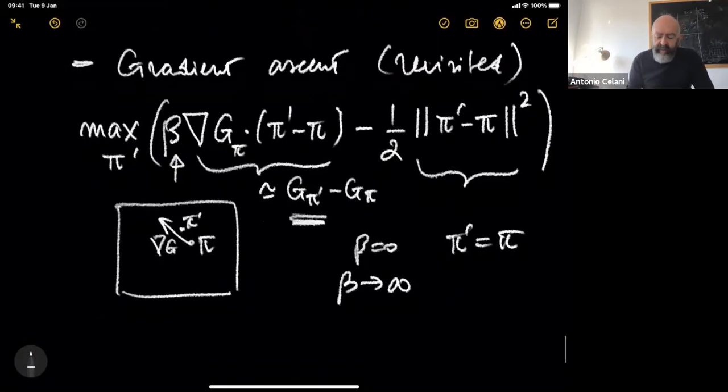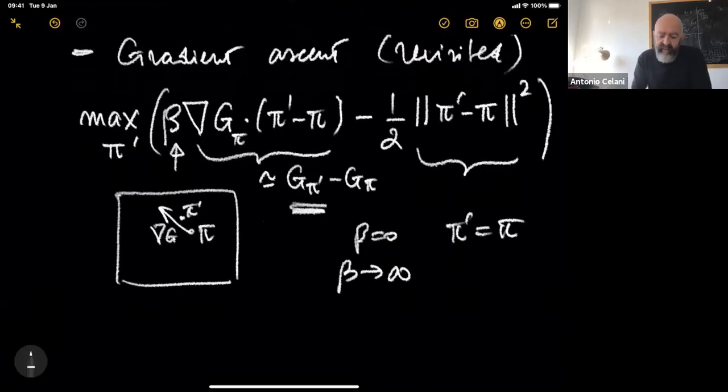The important message here is that if we solve this optimization problem over the next pi prime, we are actually doing gradient ascent. Why is that? Because the term in brackets is a quadratic object in pi prime.